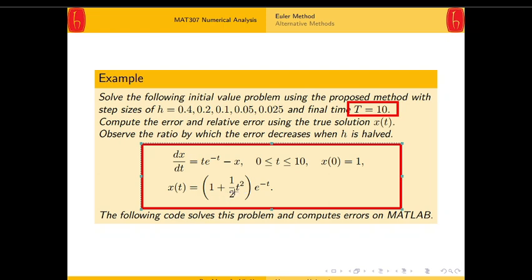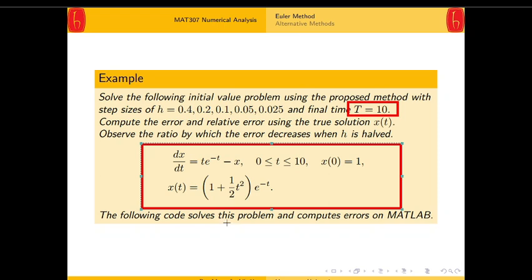It also says to observe the ratio by which the error decreases when h is halved. So what is the error with 0.4 and what is the error with 0.2? We take the ratio of the errors and see if there is a pattern in the decrease of the errors.